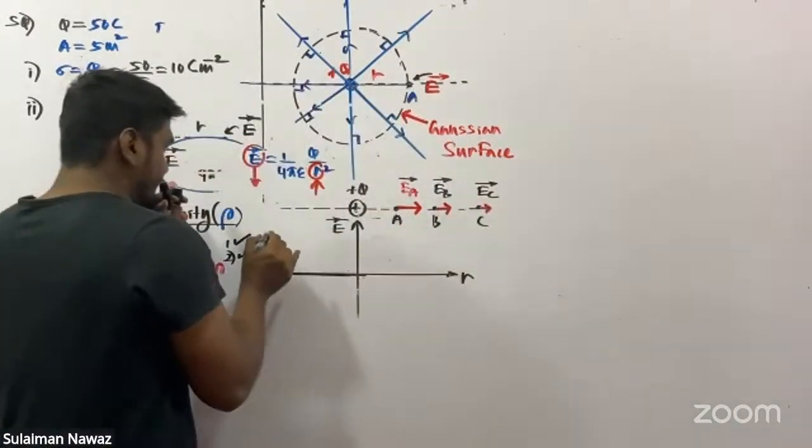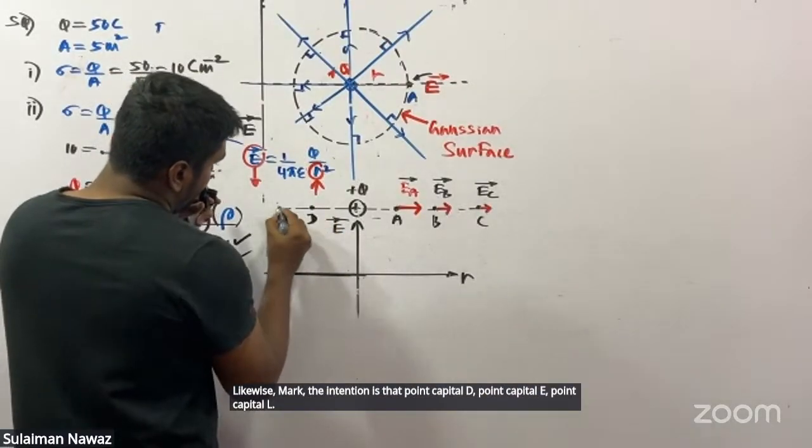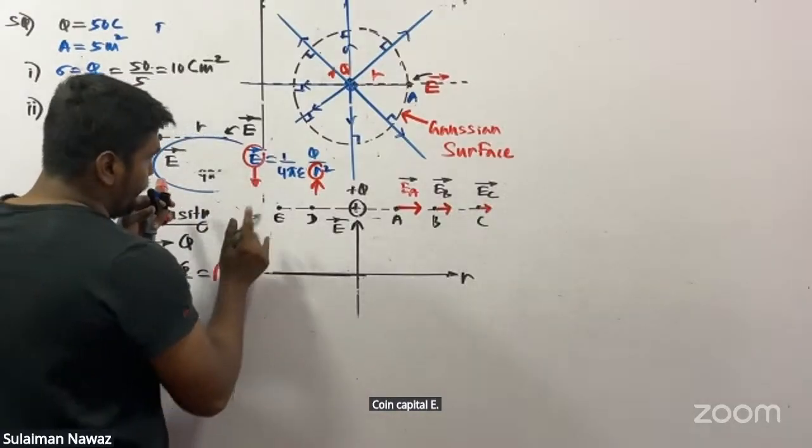Likewise, shall we mark the intensities at point D, point E and point F?